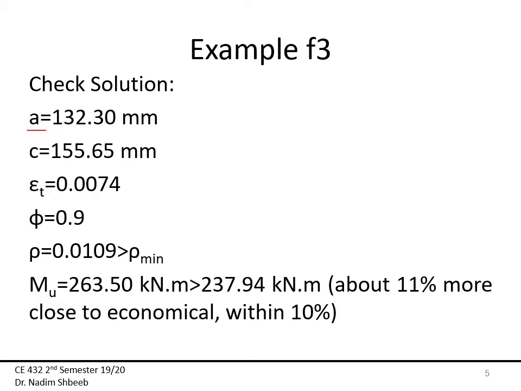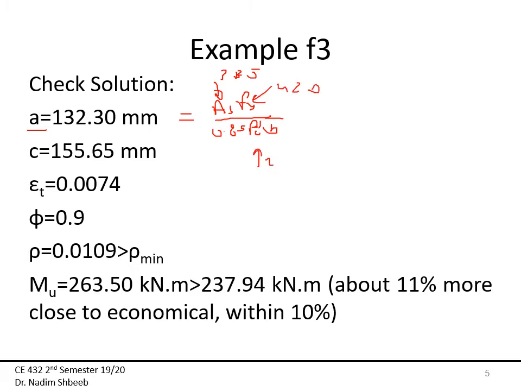First of all, I need to calculate A, and we know that this is simply area of steel times Fy divided by 0.85 F prime C times B. This is now the area of the 3, 5, 25. This is my 420.